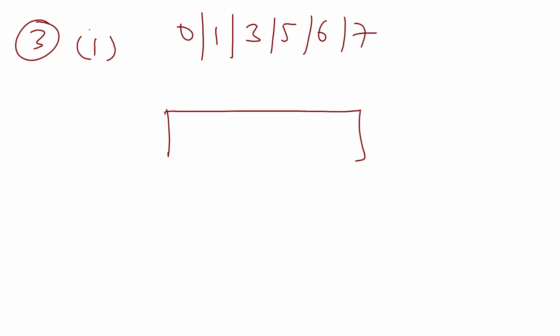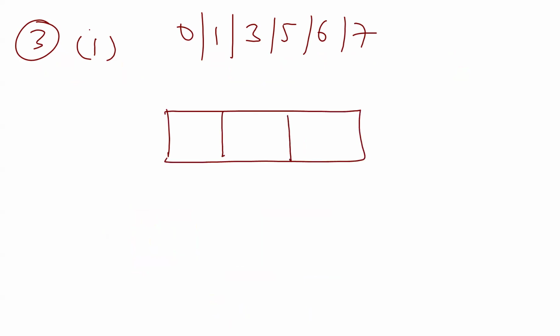Question number 3, sub question 1. How many 3-digit numbers can be formed using the digits 0, 1, 3, 5, 6, 7, if repetition is not allowed, if repetition is allowed.